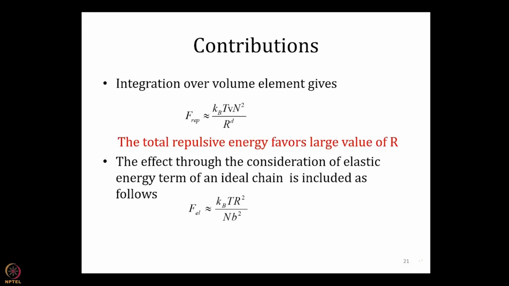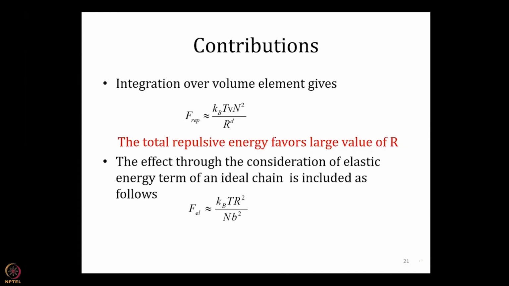So the important thing is that the repulsion energy scales as N square by R to the power D. Now, if I take the elastic term, it is nothing but what is in the exponent of the Gaussian distribution, so R square by N b square. That's what I had in the Gaussian distribution.